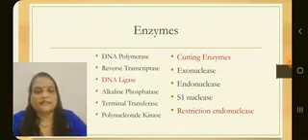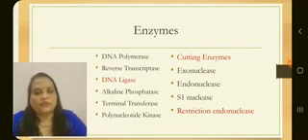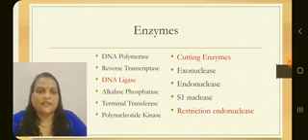Alkaline phosphatase is the enzyme which removes the phosphate group from the free 5' phosphate end of the DNA strand. Terminal transferase enzyme is used to add the desired nucleotide sequence, which is generally a mononucleotide sequence, to the 3' end of DNA, and polynucleotide kinase is involved in phosphorylation of DNA.